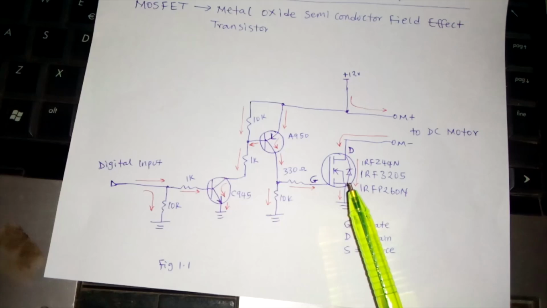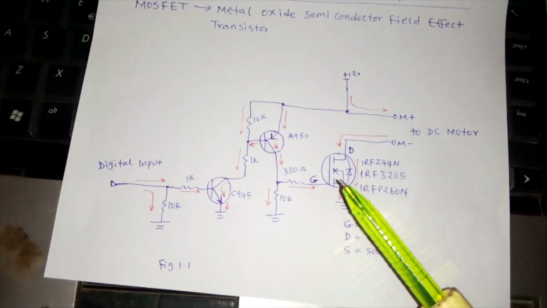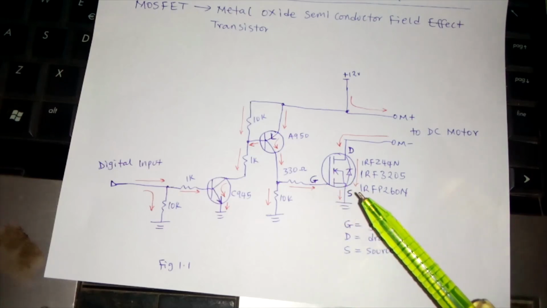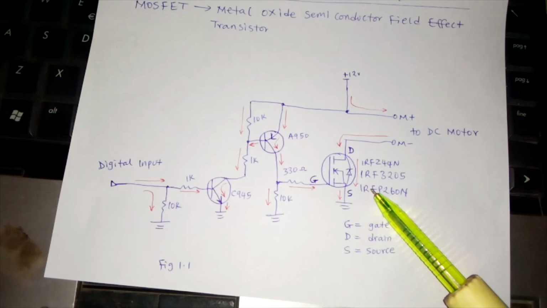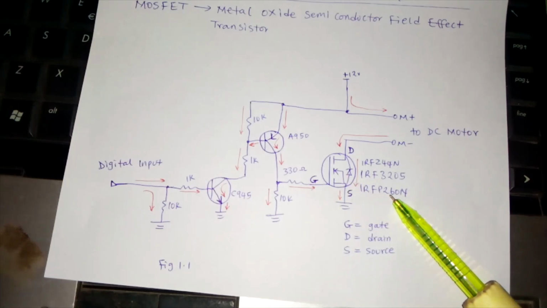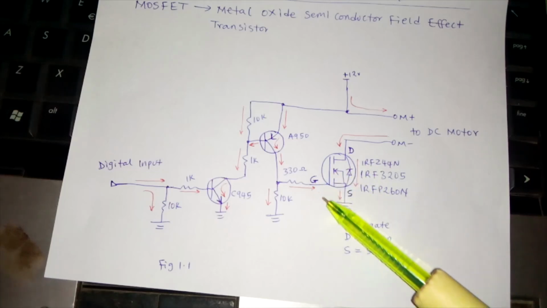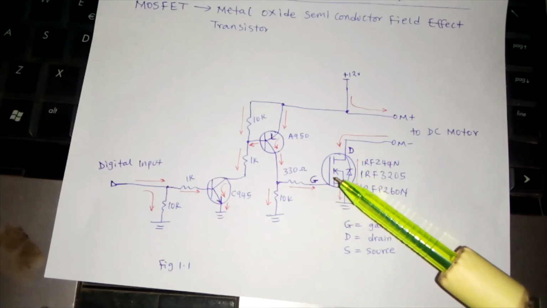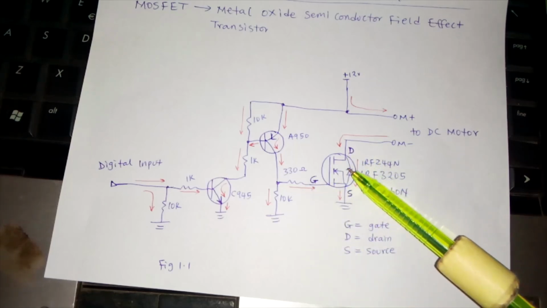Here we have a MOSFET. Now, a MOSFET handles very high current. You can use any of these MOSFETs. The one I use here is 50 amps. So the MOSFET operates almost like a digital device. If this place is high, the MOSFET will turn on.